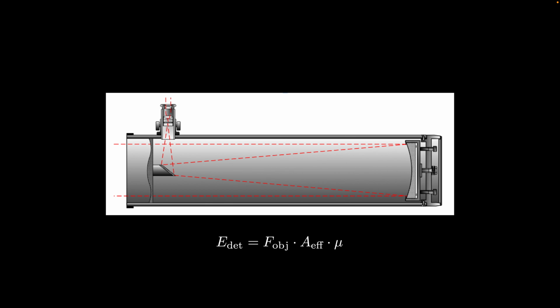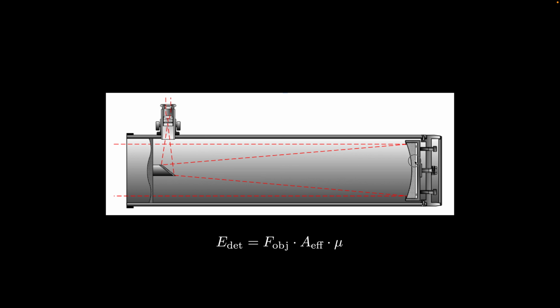You see here something called the Newtonian Schmidt telescope. I will not go into detail, but you can see the cross-section of the telescope. Here's the entrance. The light, for example from a star or NEO, is coming into our telescope, hitting a mirror, then being focused and reflected in a mirror almost at the entrance of the telescope, and then going into, for example, the eyepiece or a CCD camera.